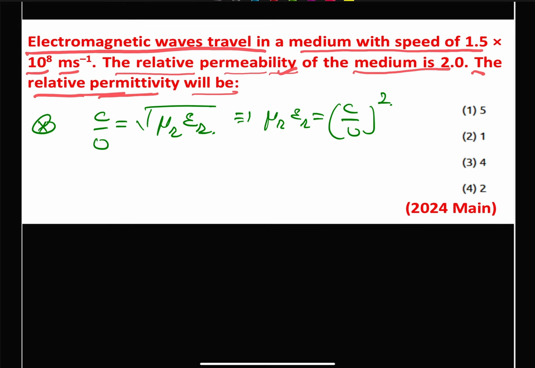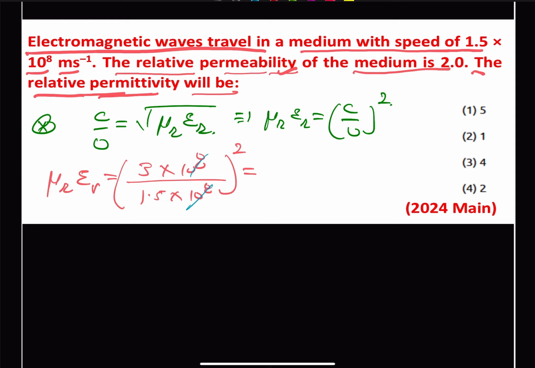Let us write it as mu r epsilon r is equal to c, given as 3 into 10 to the power 8, and velocity in the medium is 1.5 into 10 to the power 8, whole square, and this will be coming as 2 square because the 10 to the power 8 cancels out. 30 divided by 15 will be giving us 2 square, which is equal to 4.